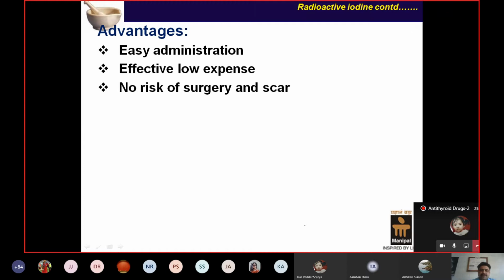In surgery there are various risks, including that the nerve may be cut, leading to change in voice, which is particularly important if the patient's profession is singing. For teaching, a little change in voice doesn't affect much, but for singing it has a lot.